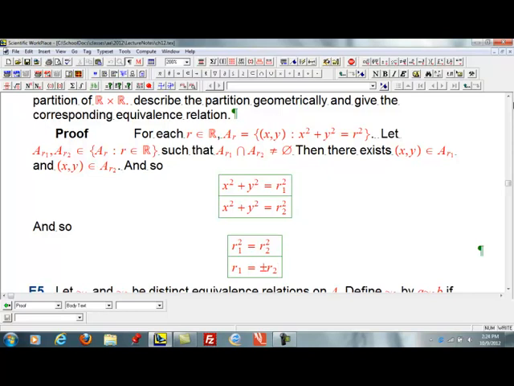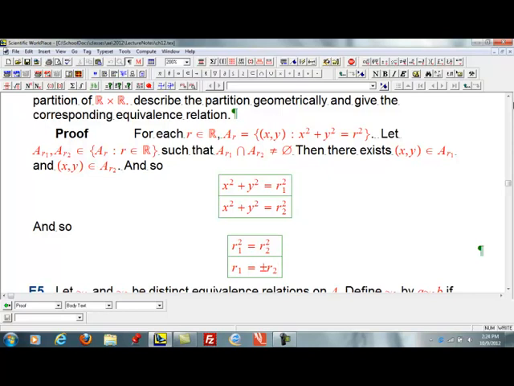So suppose that R1 is equal to negative R2, then we have to show that we're done also, which is really simple because negative R2 squared is equal to R2 squared. So all we have to do is show set containment in either direction. That's all that we're trying to do.